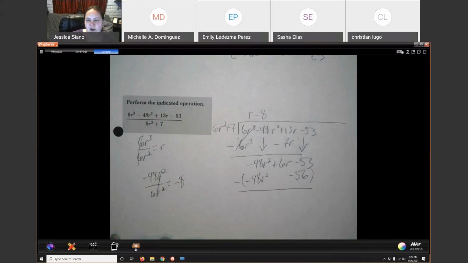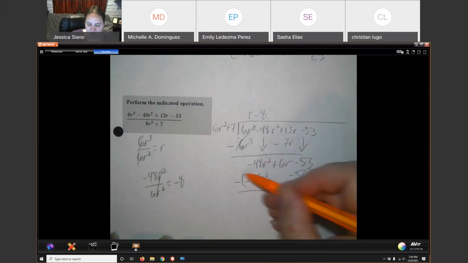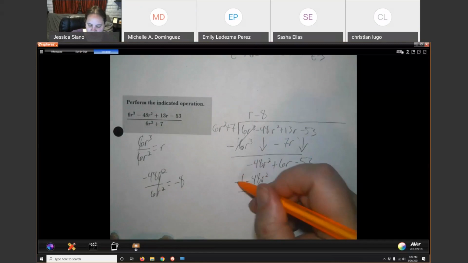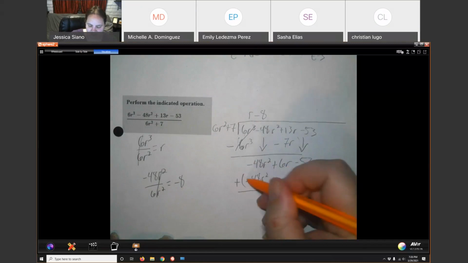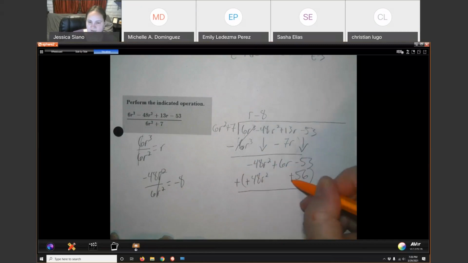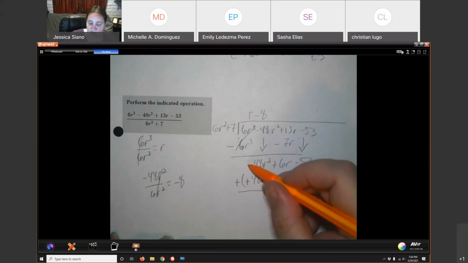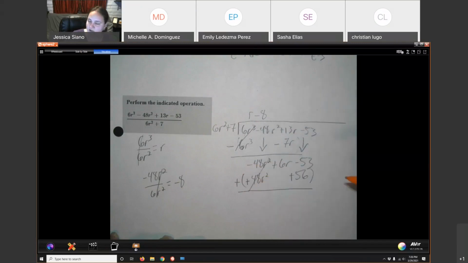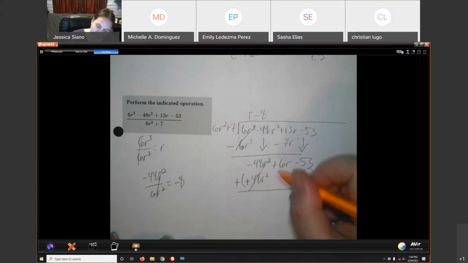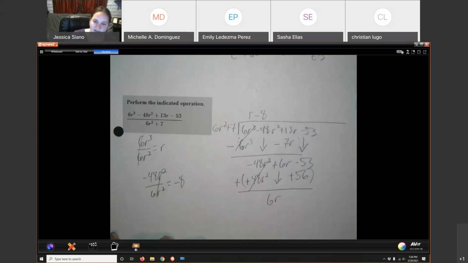But for a lot of people, it's easier to just distribute that negative, so make this positive and then make this positive. So negative 48r squared and 48r squared cancel. There was nothing to subtract from the 6r. And then negative 53 plus 56 is 3.